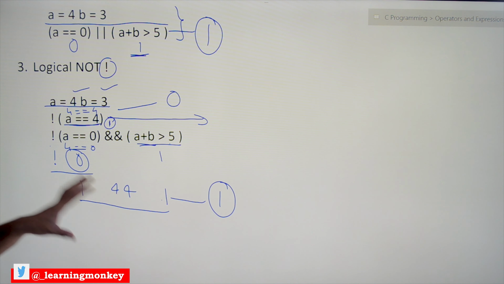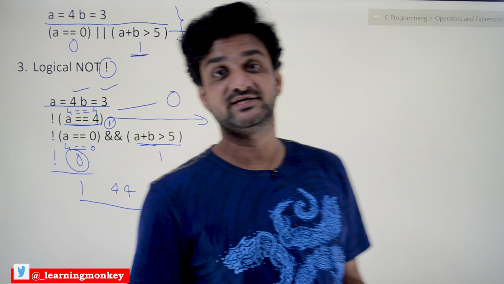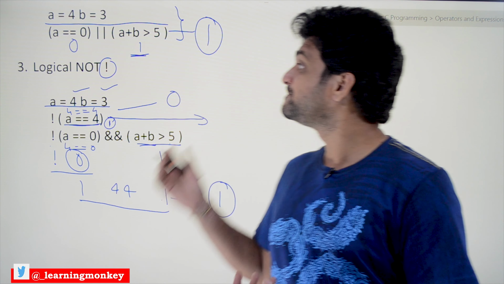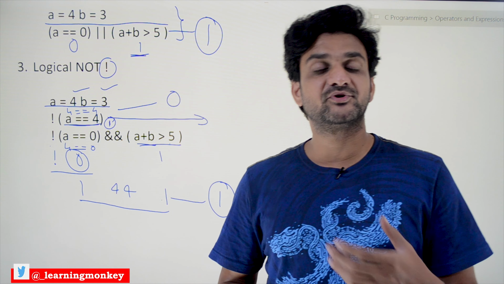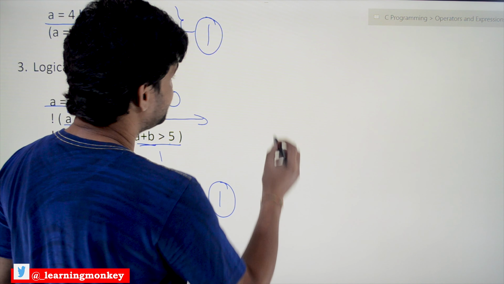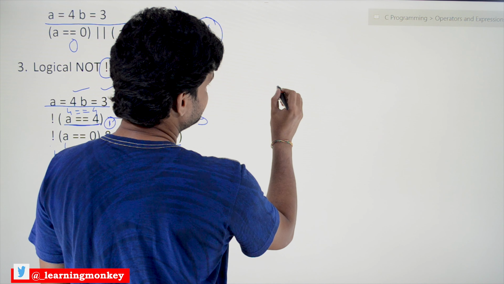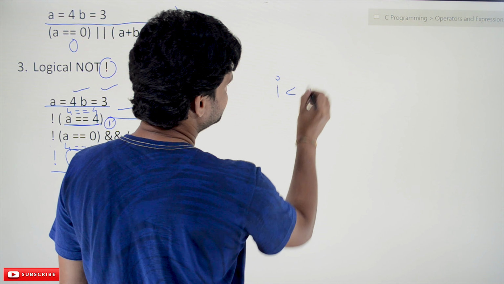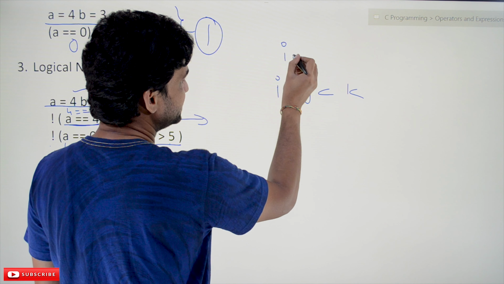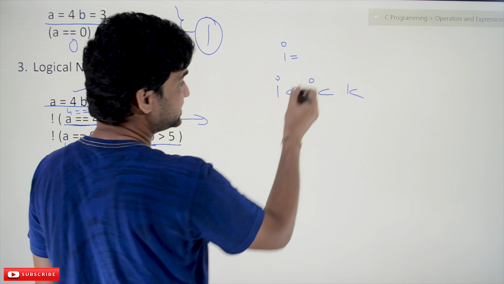Okay, so this is all about logical operators, and this is the basic way in which the logical operators will get executed. Hope you got the clarity on this concept. And one more thing that we have to understand is, in our previous example we have seen i less than j less than k, and this is how the relational operators can be used, but it logically seems to be right, but the logical evaluation of this expression is going to be different.